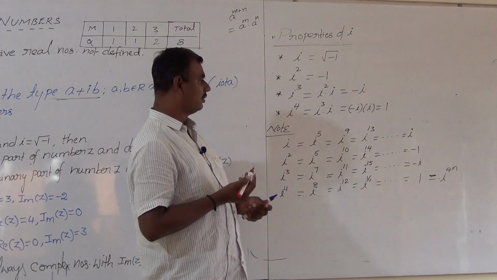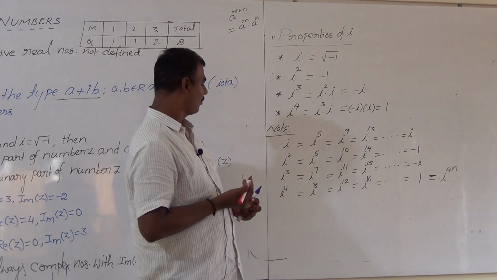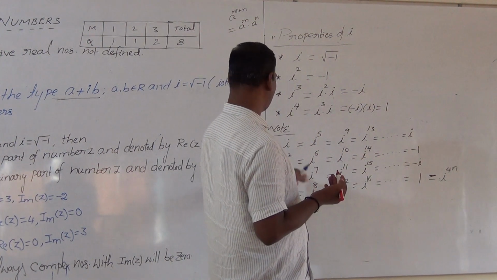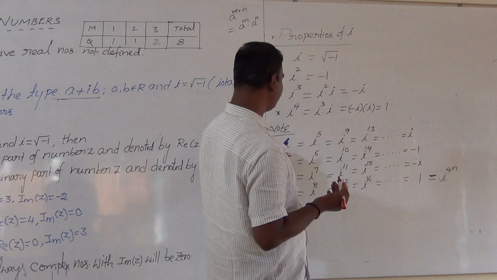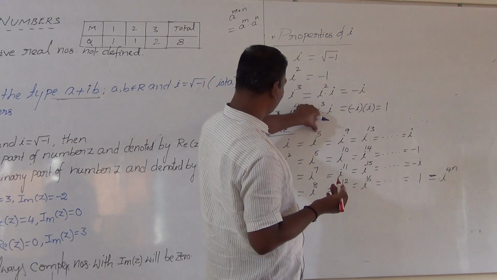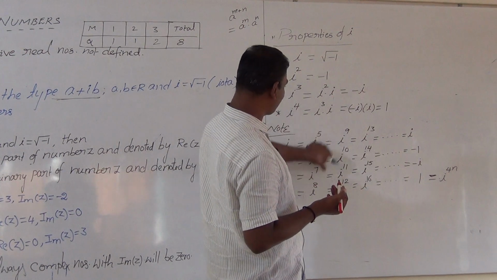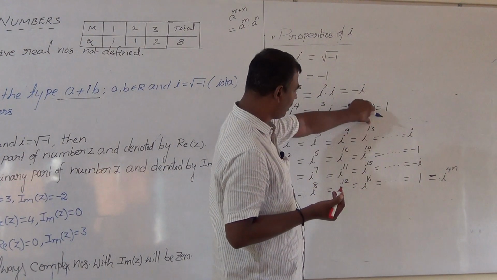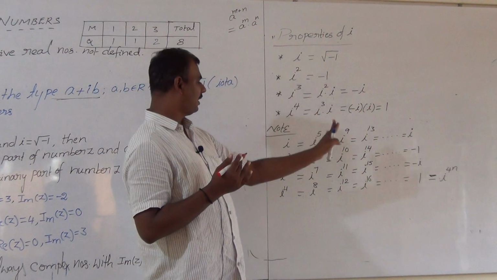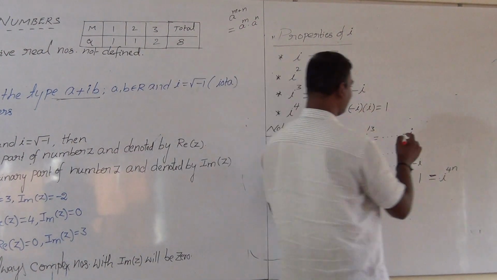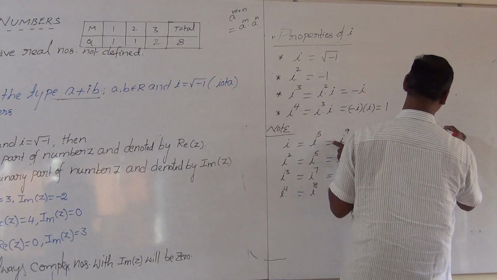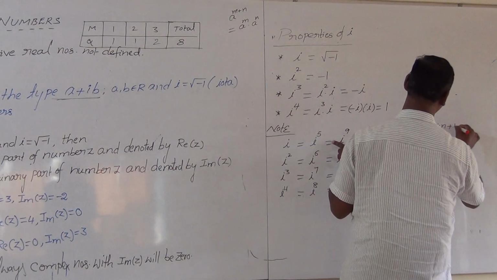Iota raised to 4n. Next we are observing iota raised to 5. This is 4, the next term is 5, here 8, next term 9, here 12, next term 13. That means how much is the number increased? 1 is increased. So this is nothing but the general form iota raised to 4n plus 1.